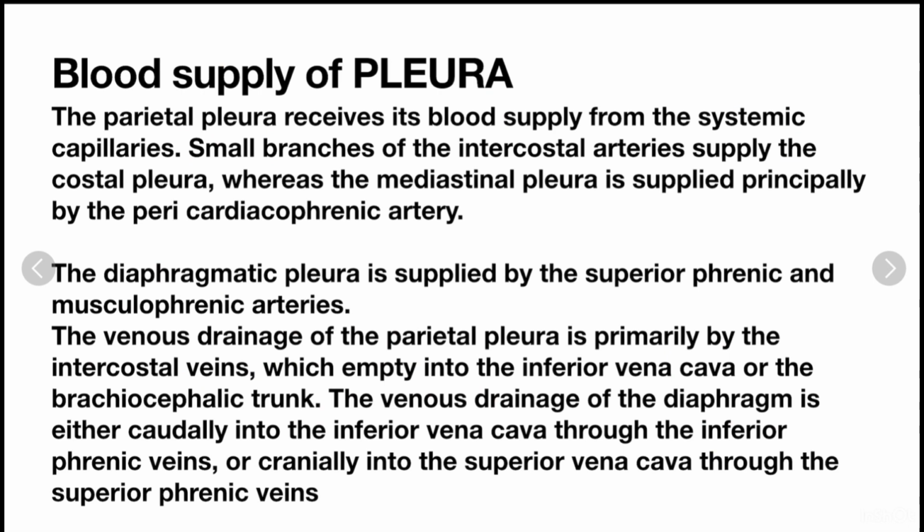Then they are talking about the blood supply of the pleura. The parietal pleura receives its blood supply from the systemic capillaries. Very, very important. Small branches of intercostal arteries supply the costal pleura, whereas the mediastinal pleura is principally supplied by the pericardiophrenic artery.